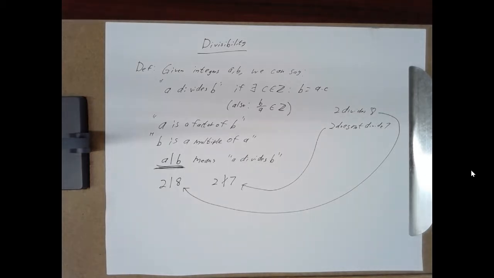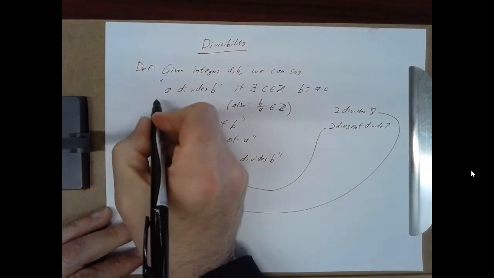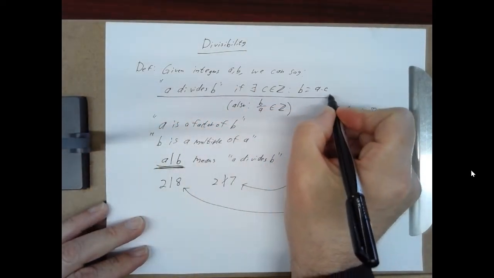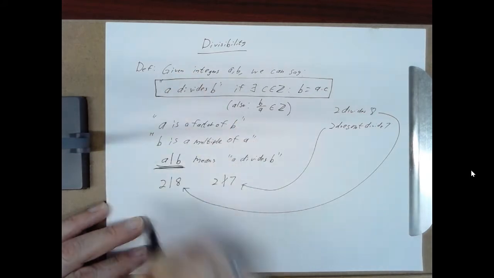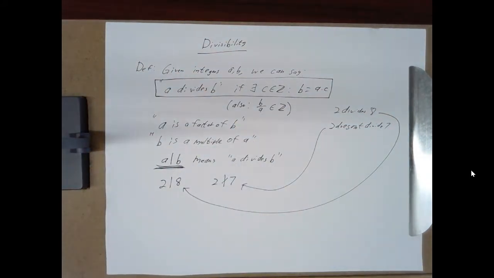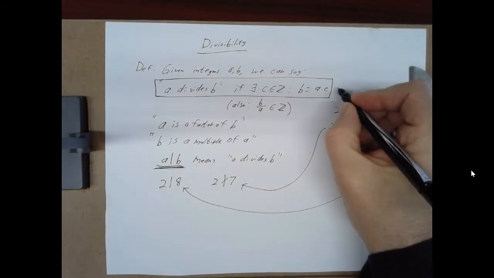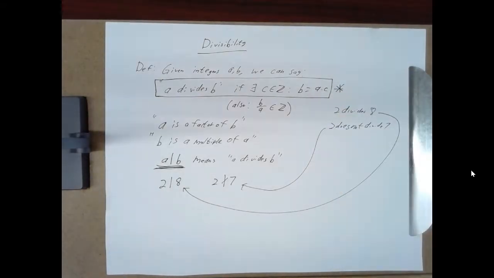But we can take the definition of A divides B as this. A divides B means there exists some other integer c such that B is A times C. And this is really all we need to start doing some interesting things with divisibility.